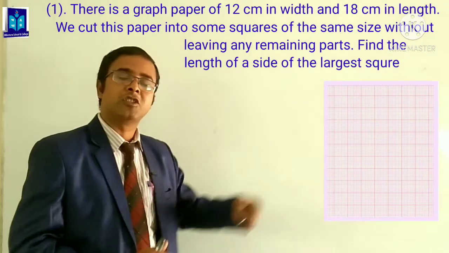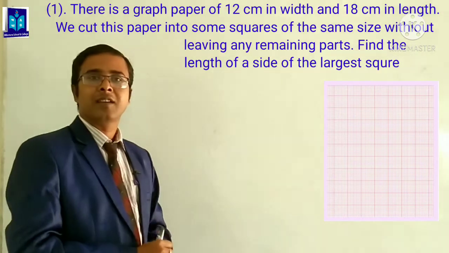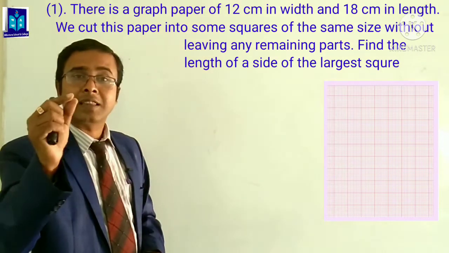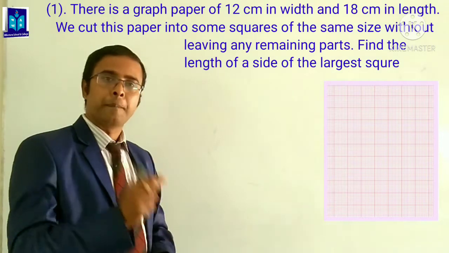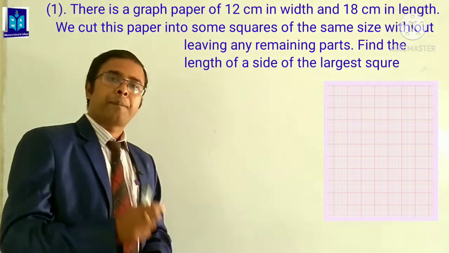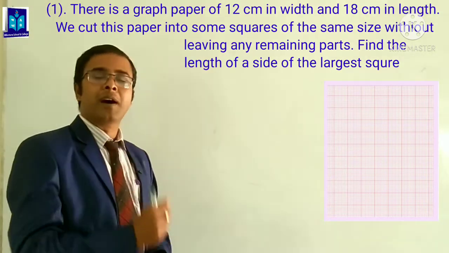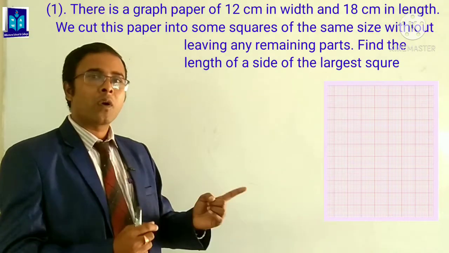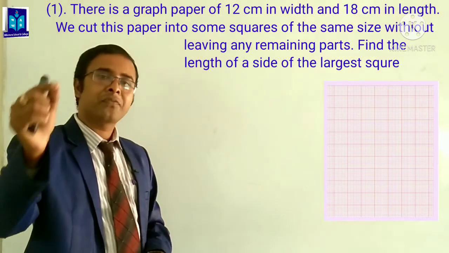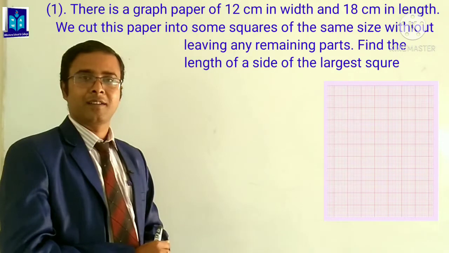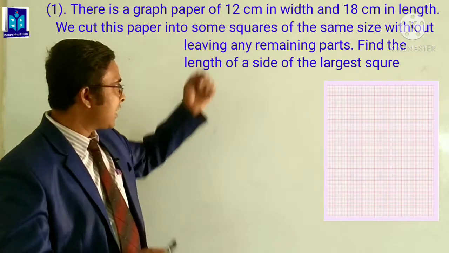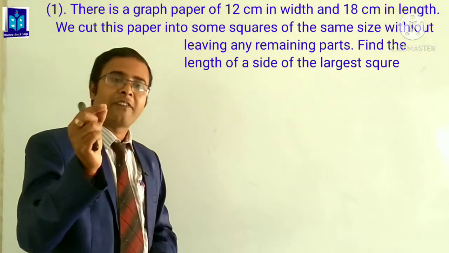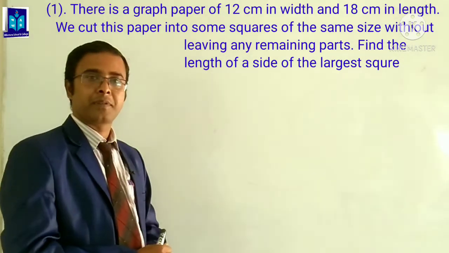And for this reason, we have to find the GCF, that means greatest common factor, because a factor of any number will be equal to or less than that number. For this reason, if we want to solve this word problem, we have to find the GCF.